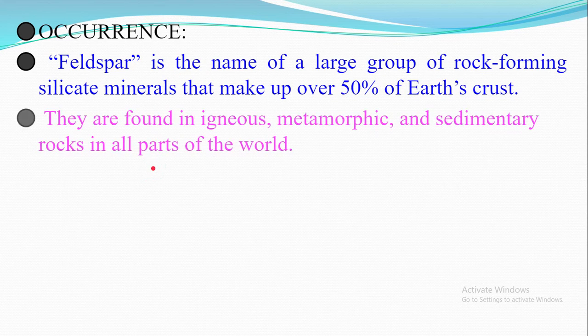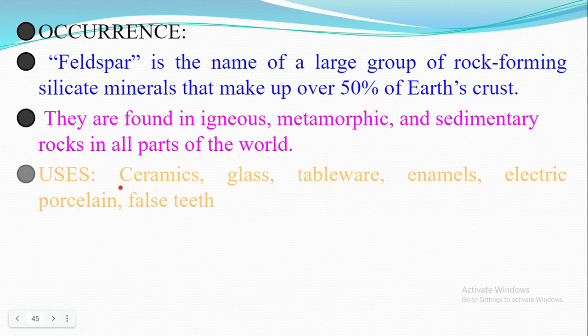So feldspar is very important to understand the strength of the rock. They are found in all types of rock: igneous, metamorphic, and sedimentary rocks. They can be used as ceramics, glass, tableware, electric porcelain, and false teeth.